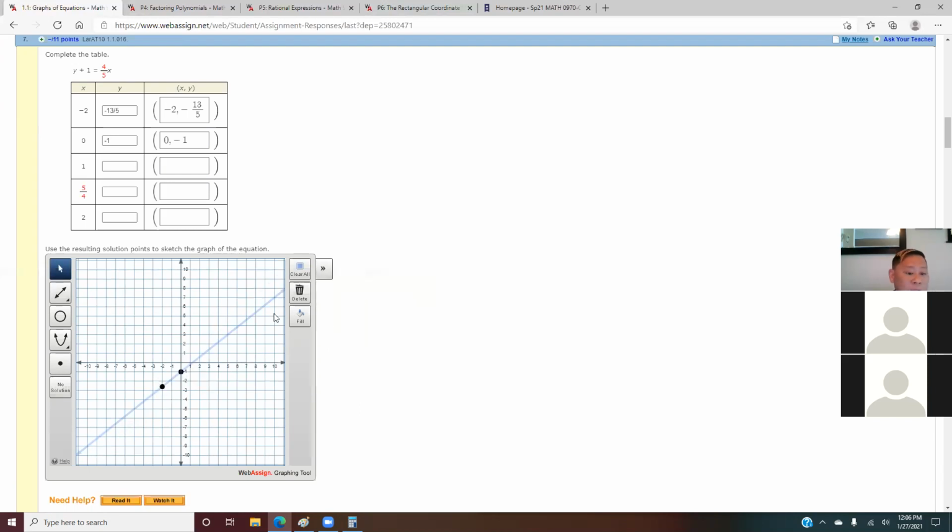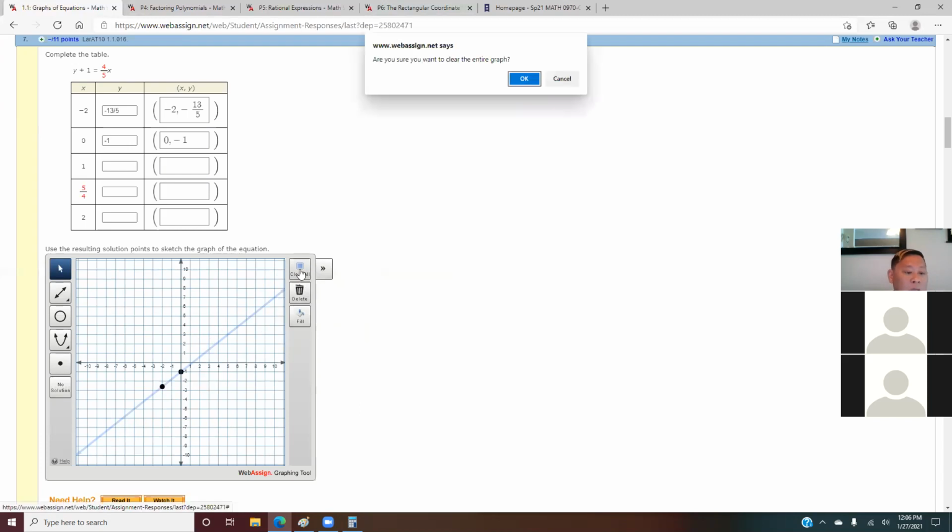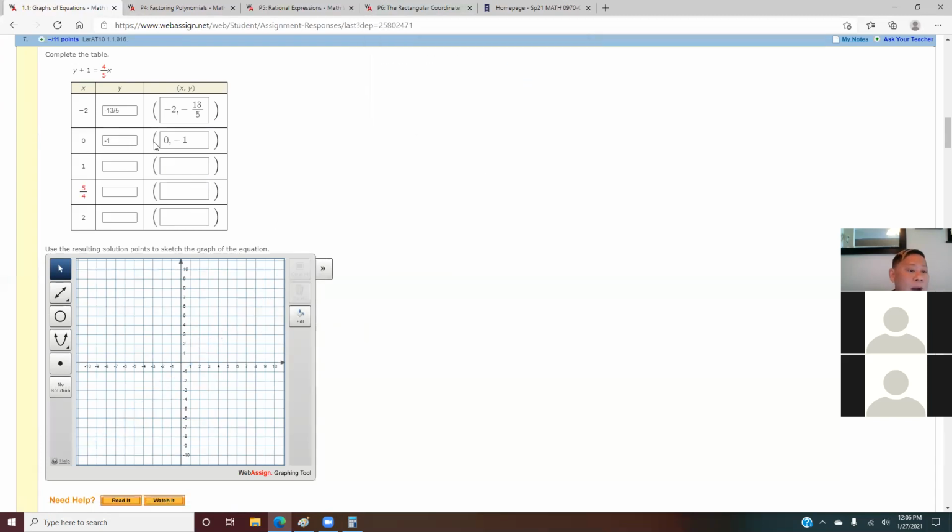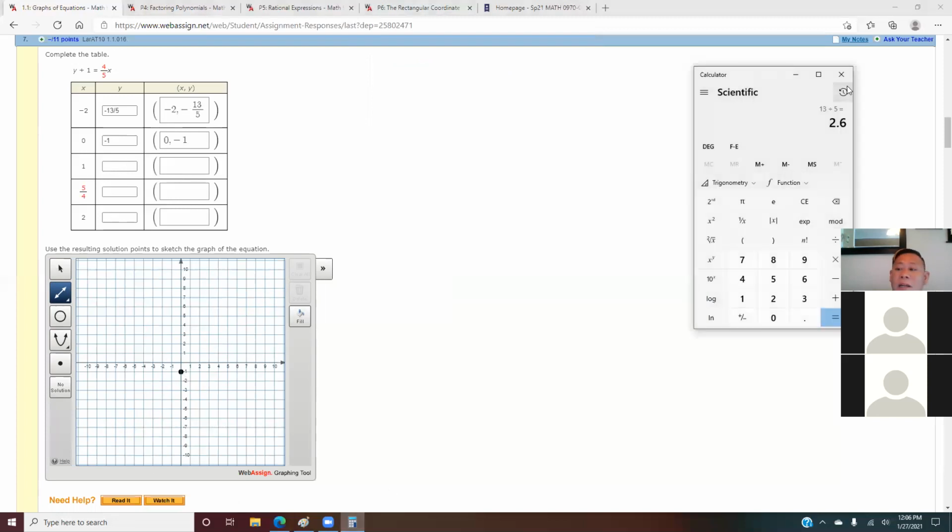So let me repeat again. Clear everything. First click on this and click it back, so you have those two arrows. 0, -1 is here. This point is easy to find. Then -2, and for this you use your calculator to divide, it is -2.6.